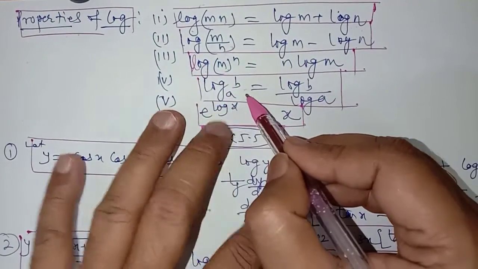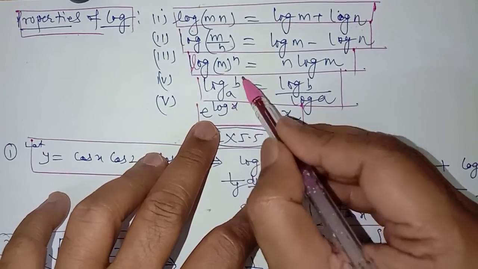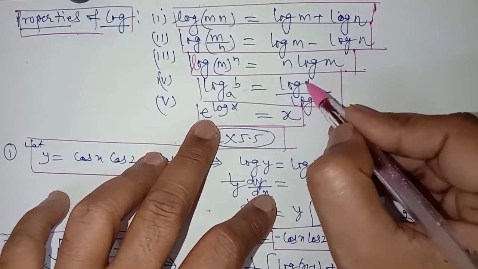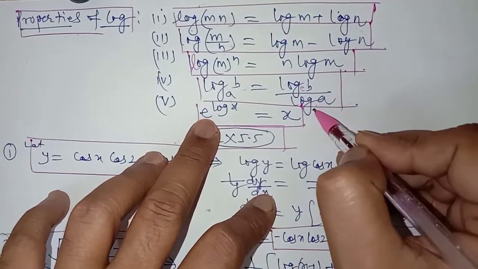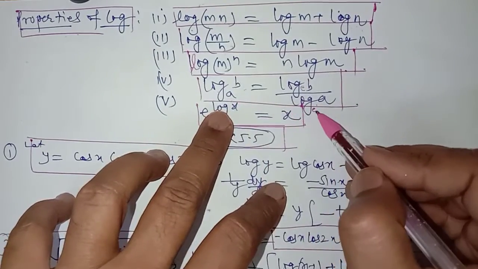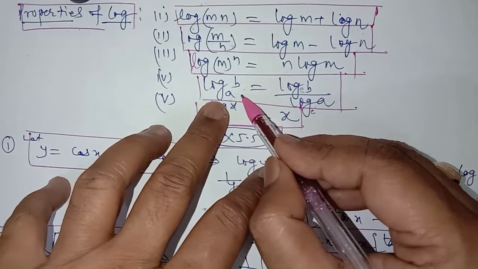Now this property of log is known as changing of base. Log b of base a is log b upon log a. The base becomes the same, that is e. When we don't have the base of the log, it means its base is e. This is known as the breaking of the base.